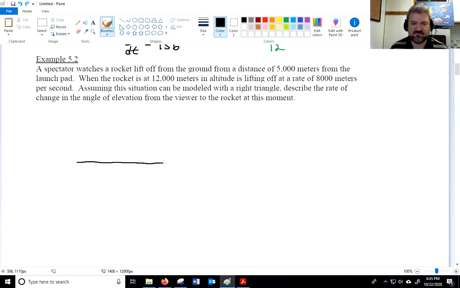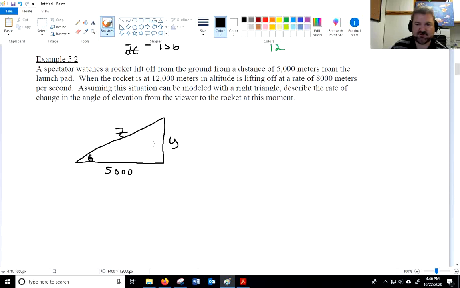So we have this right triangle here. Theta. The viewer is a constant 5,000 meters from the launch pad, right? And then as the rocket goes up, this angle is going to get bigger. So I'm going to call this, sticking with our convention, y, and this z.